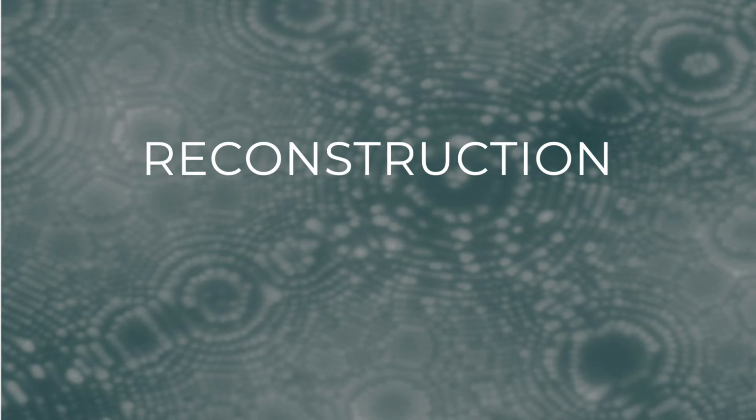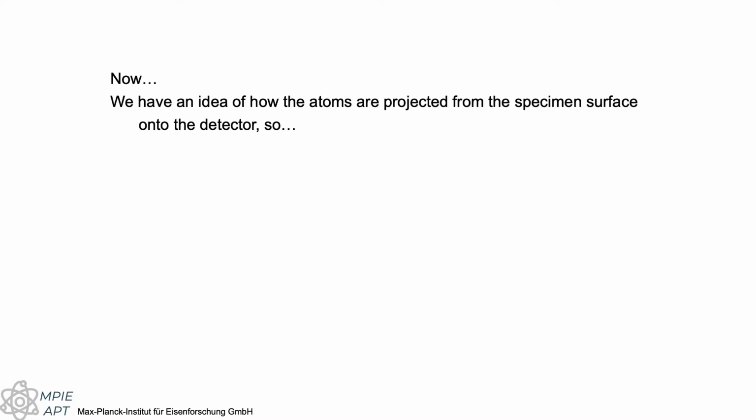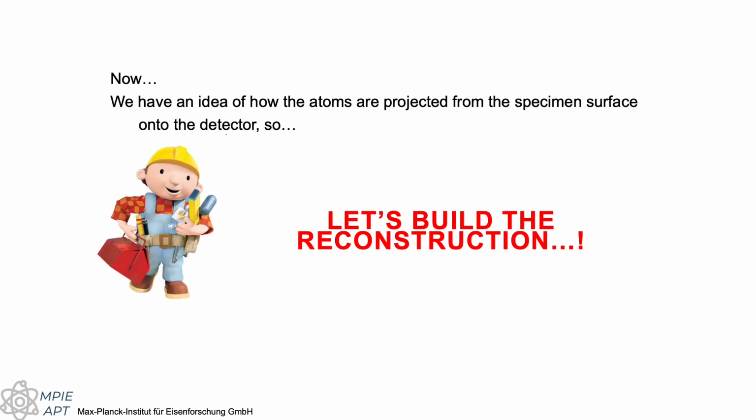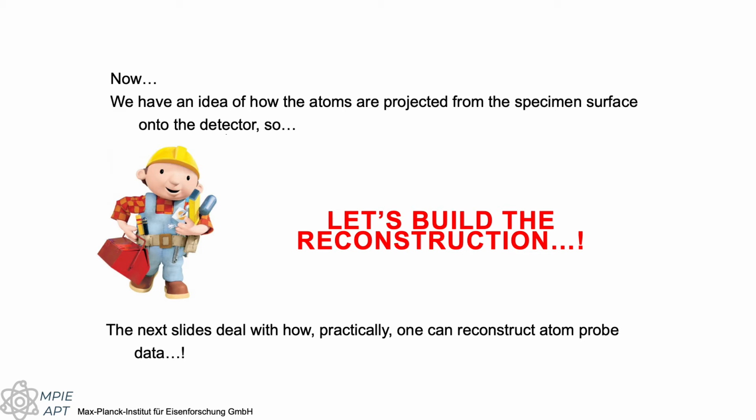So how do we use this information to build a reconstruction? We now have an idea of how the atoms are projected from a needle-shaped specimen onto the detector, so we can just build a reconstruction and see where we go. I'm going to give you practically how this is done in the next slides, bearing in mind that this is slightly simplified compared to the commercial software that you're mostly using, but it's really not that different.